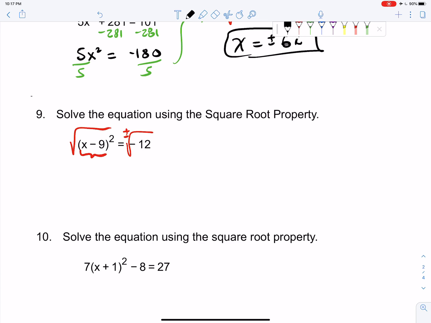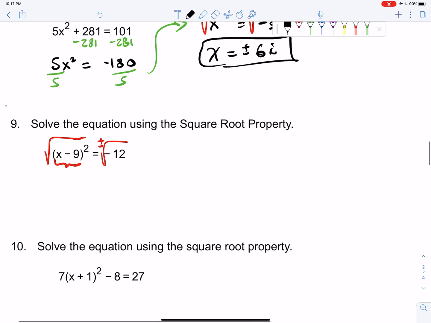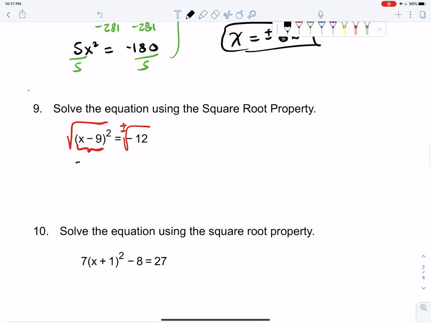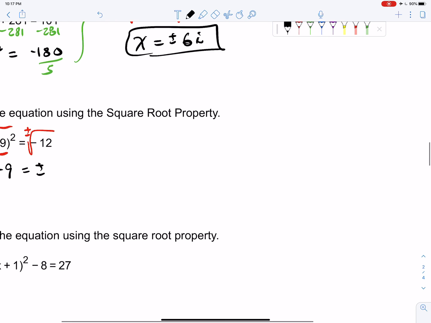And of course, the square root undoes the square, right? So we now have x minus 9 equals plus or minus, and let's take a look at the square root of negative 12. I'm thinking of that as the square root of 4 times the square root of 3 times the square root of negative 1, right? Square root of 4 is 2, root 3, and that negative on the radicals.